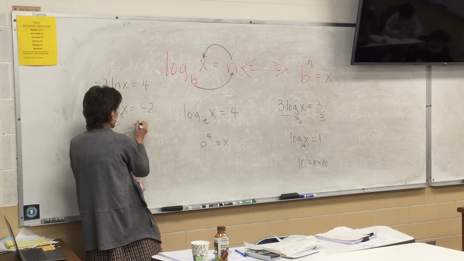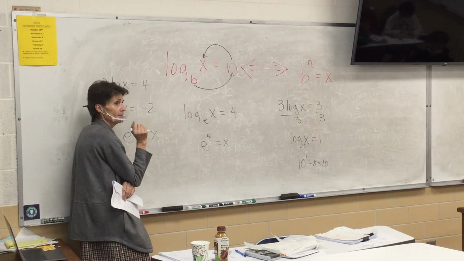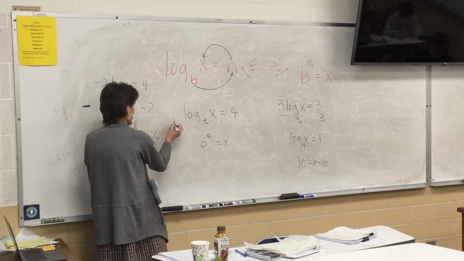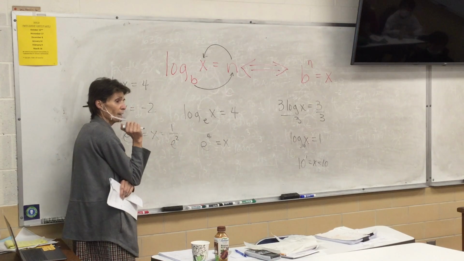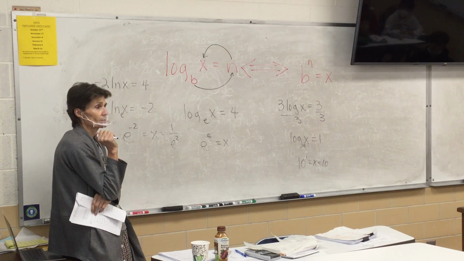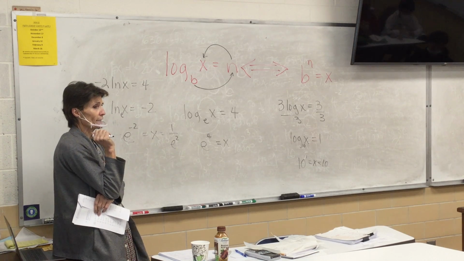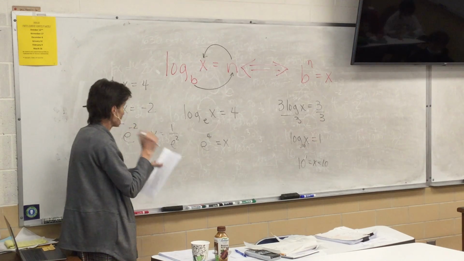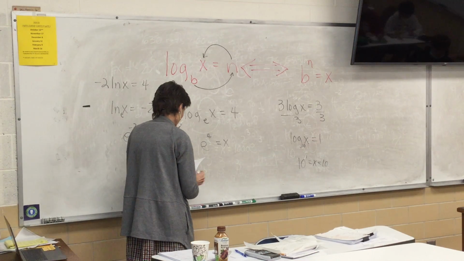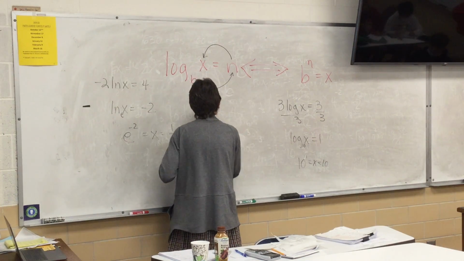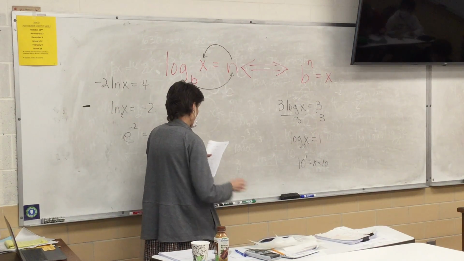So e to the -2 equals x. And that's the same as 1 over e squared. We generally don't like negative exponents, so we'll write 1 over e squared. Okay, try H. Tell me what you come up with for H.